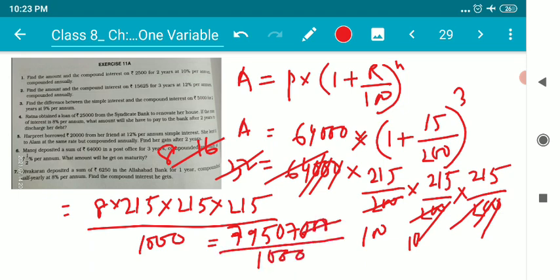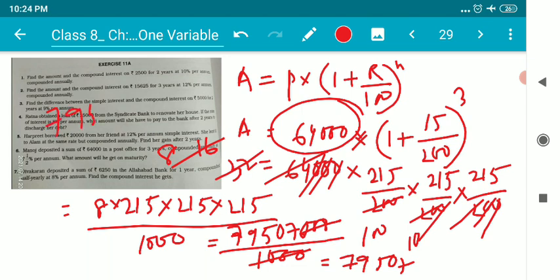So children, these 3 zeros and these 3 zeros I can simply cancel. How much will I get? I'll have 79507. So children, I took the loan of 64,000 and to get discharged from the debts, I'm repaying 79,507. This much amount I'm paying after 3 years.